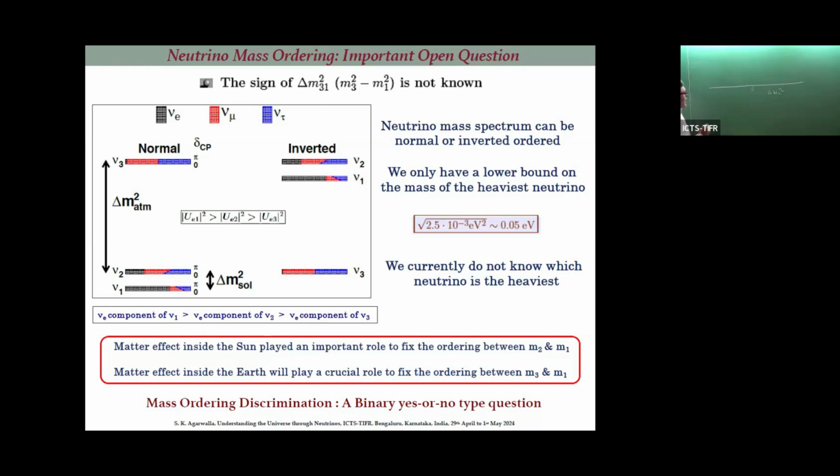Now, I know from the present best fit that I lie somewhere around here, 2.5 times 10 to the power minus 3 eV square, with some error bar. Okay, you understand? So I'm allowed to move in this region with this best fit. Clear? Can you see this? Or if I prefer this side, I have a best fit here and I am allowed to move in this region.